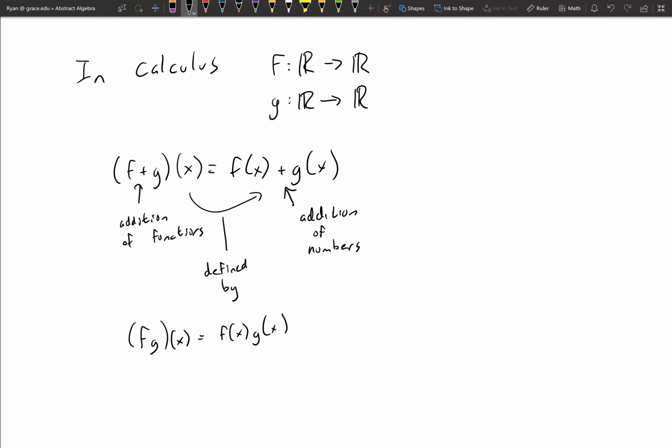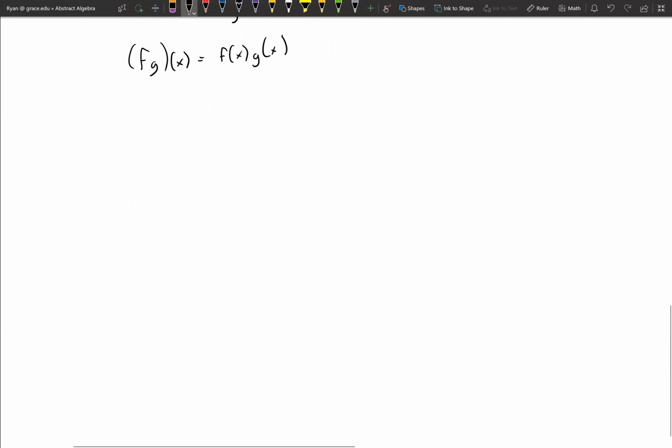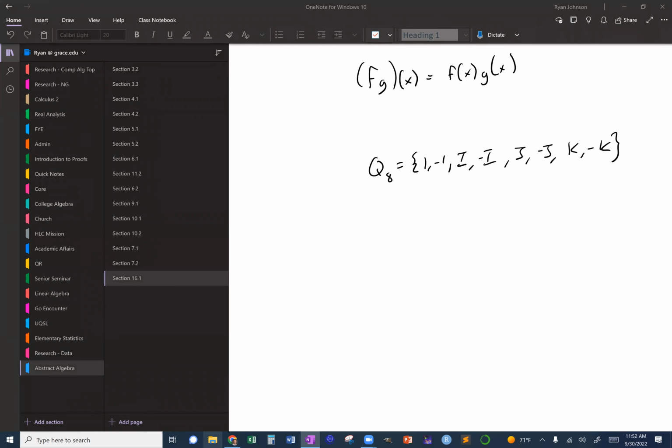Now you can make weird groups. Another weird group you can make is the quaternions. You remember we had this group we called Q8, the quaternions, which was 1 and -1, I and -I, J and -J, and K and -K.